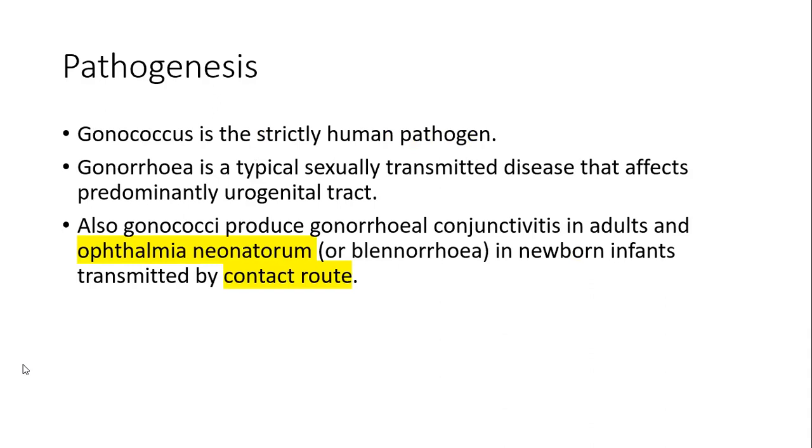Pathogenesis. Gonococcus is a strictly human pathogen. Gonorrhea is a typical sexually transmitted disease that affects predominantly the urogenital tract. Also, gonococcus produces gonorrheal conjunctivitis in adults and ophthalmia neonatorum, or blenorrhea, in newborn infants, transmitted by contact.